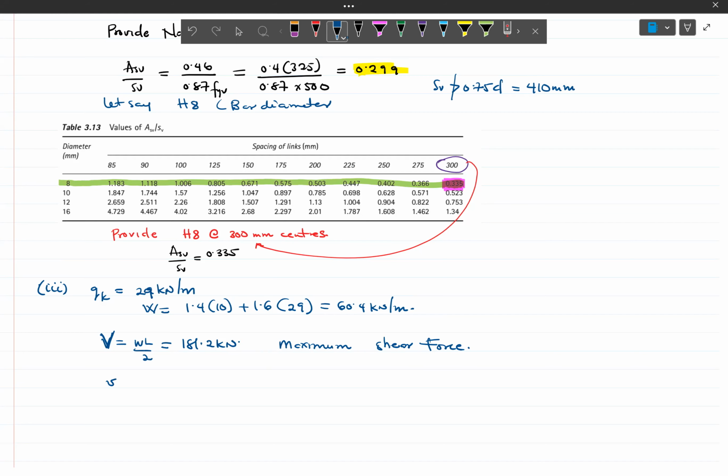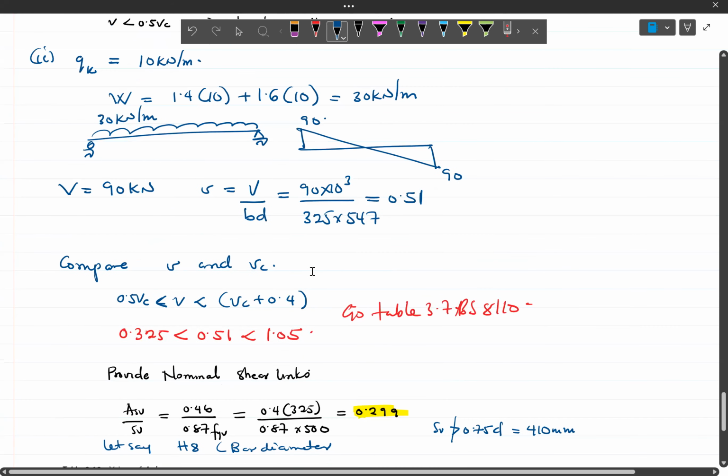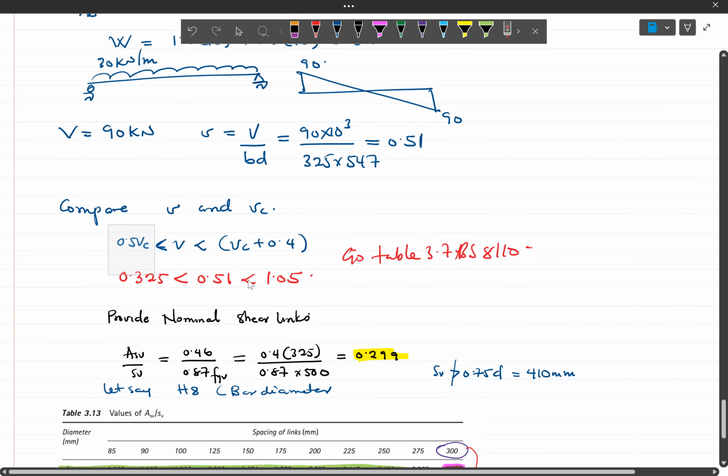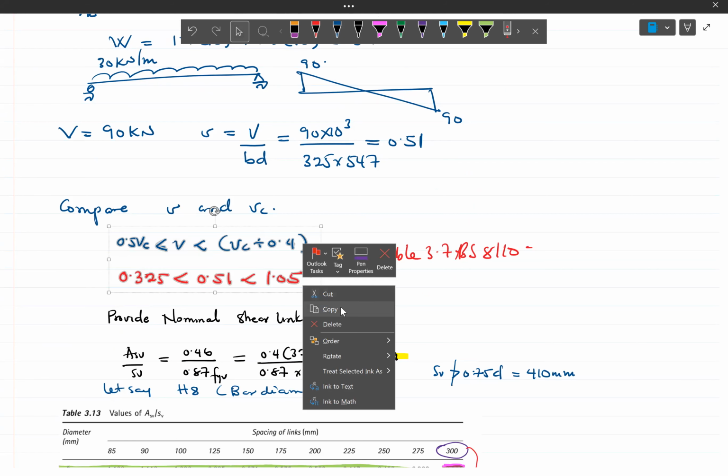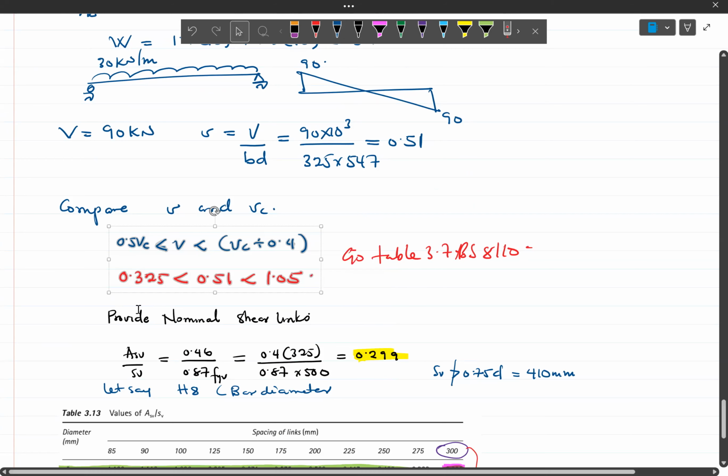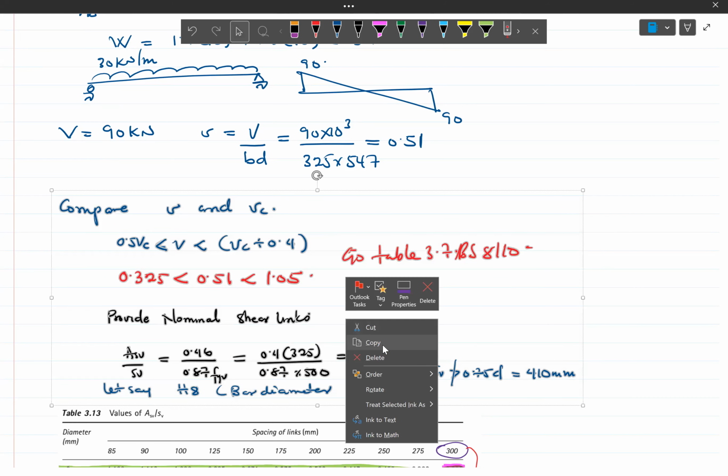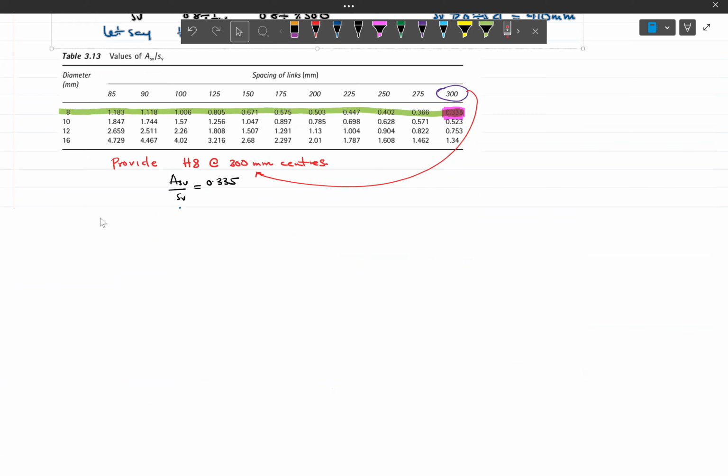Then it means that the shear stress V will be big V over BD. And we know the parameters, so this will be 1.02 newtons per millimeter squared. Now compare whatever we had earlier, and you realize that it is the same. So I can just pick all the information here and paste it right here.